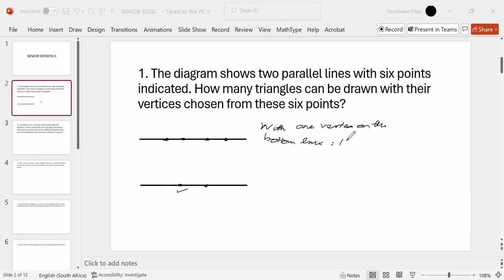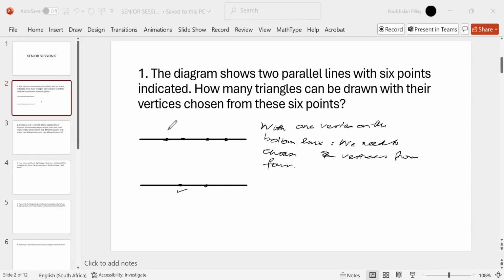We need to choose, I'm sorry, 2 vertices from 4 to create a triangle. Right? Triangle has got 3 vertices. 1 is here, 2 have to be here.